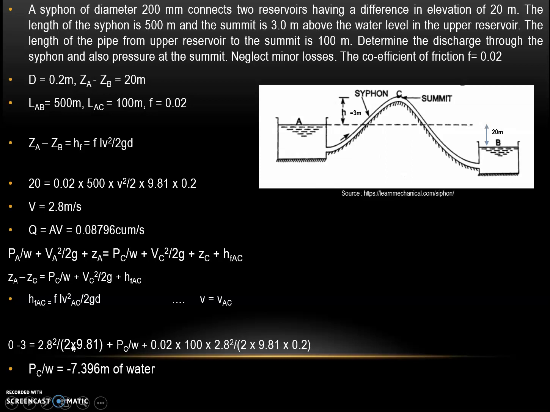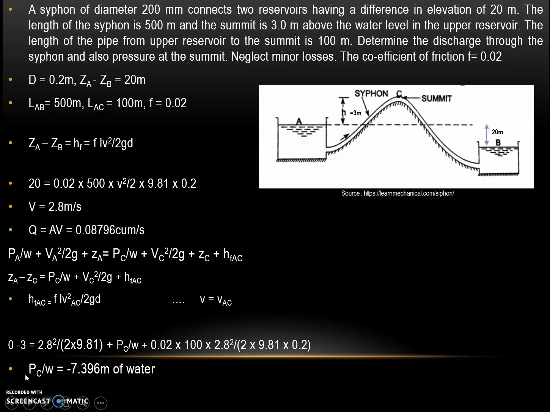VC is 2.8, G is 9.81 plus PC by W as it is, which has to be found out, plus F is 0.02 into L is 100, because we have applied Bernoulli's equation to point A and C. So length of the pipe from A to C is 100. VAC is 2.8, G is 9.81 and D is 0.2. So PC by W is equal to minus 7.396 meter of water. This is the pressure head.